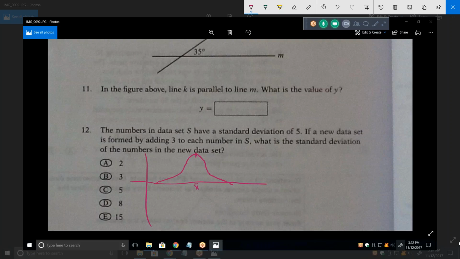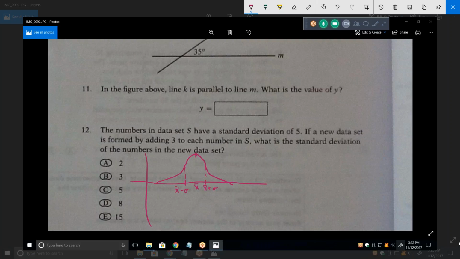If I go one standard deviation to the right, that's x bar plus sigma. If I draw a dotted line and go one standard deviation to the left, that's x bar minus sigma, sigma being the standard deviation.